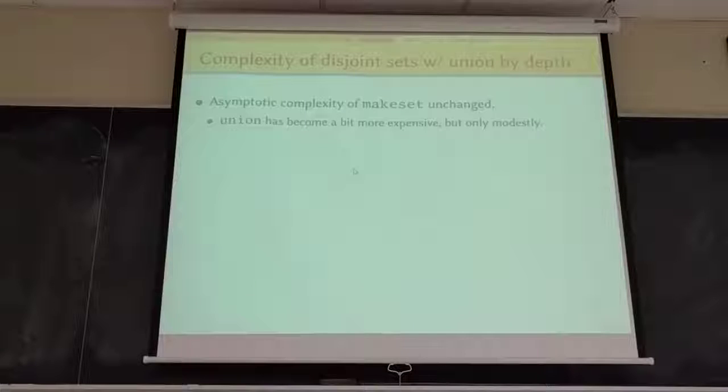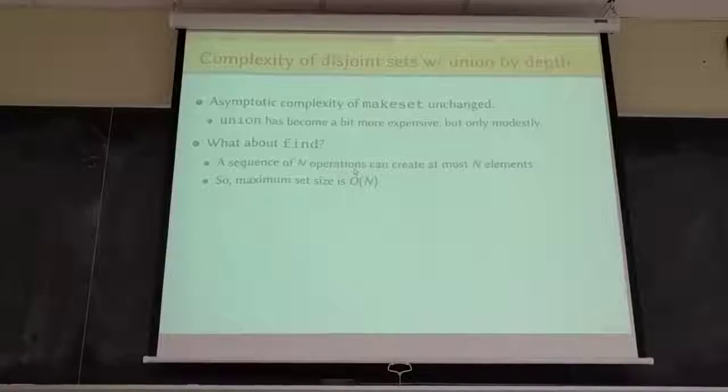Okay, so let's do a more careful analysis of disjoint sets. The asymptotic complexity of make set is unchanged, and union has become a tiny bit more expensive in the sense that you are checking the rank and so on.